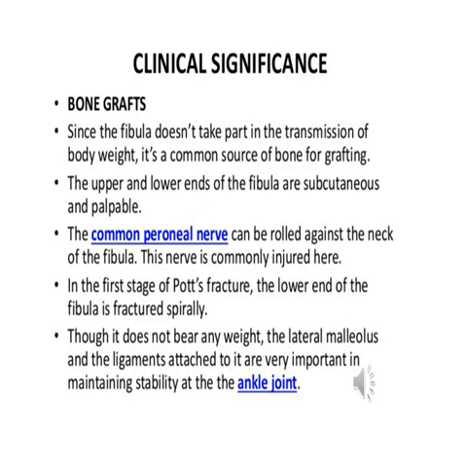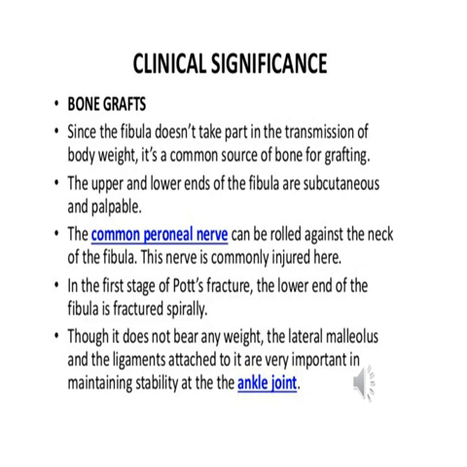The fibula is an ideal spare bone for a bone graft. Since the fibula is not involved in the transmission of body weight and does not take part in the formation of the knee joint, it is a common source used for bone grafting. The upper and lower ends of the fibula are subcutaneous, so they are palpable.